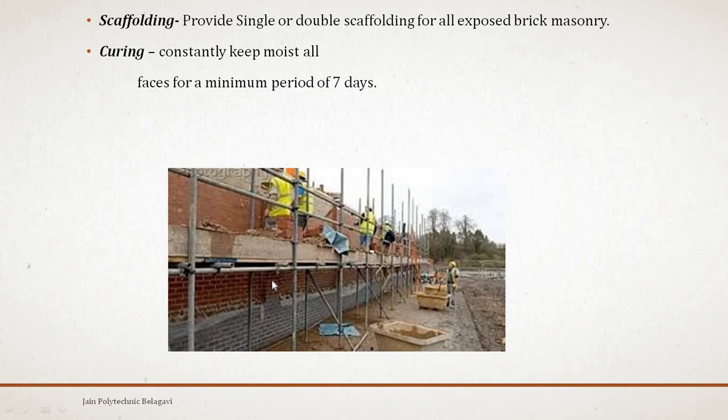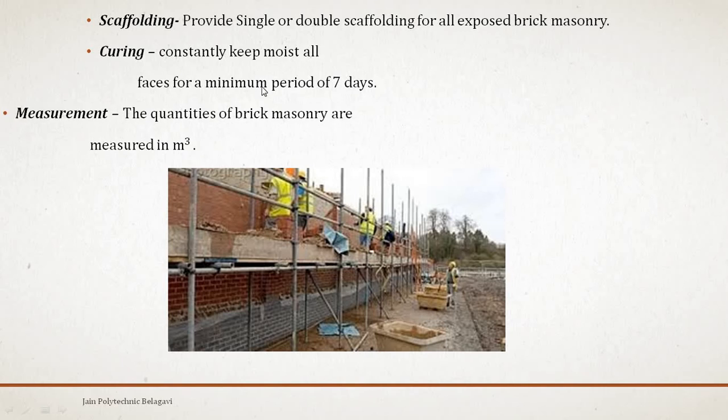So it should be either single or double scaffolding. Single, it means only one side props are laid and on the other side the putlogs are inserted inside the walls. But in double scaffolding, no putlogs are inserted in the walls. Props in 2 rows are fixed outside the surface of the wall.